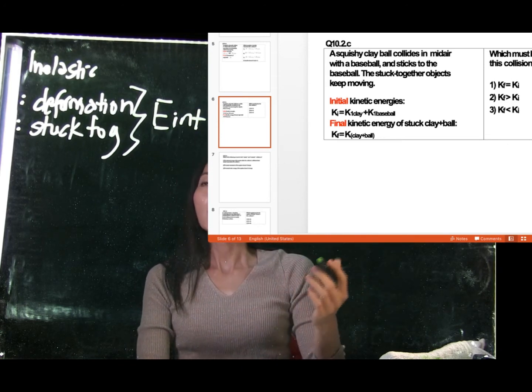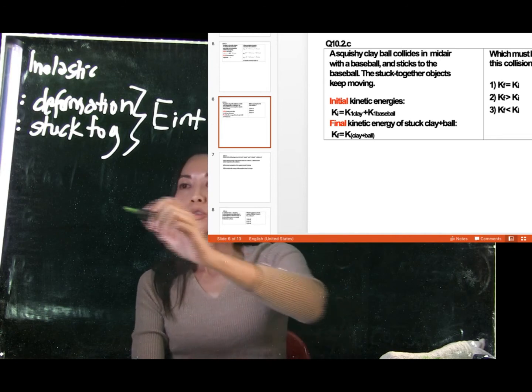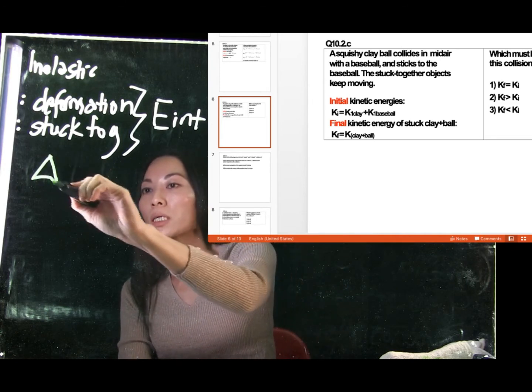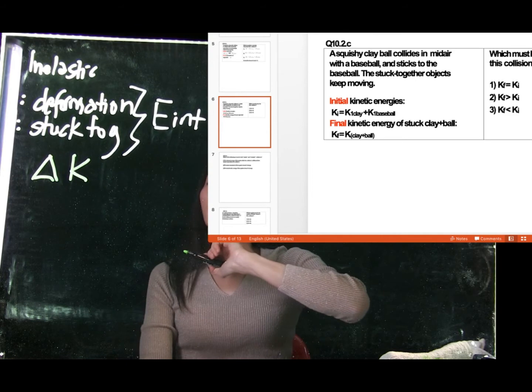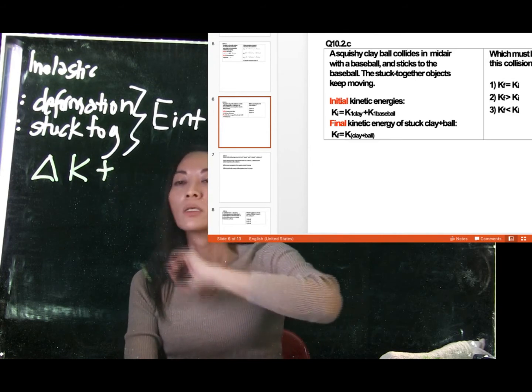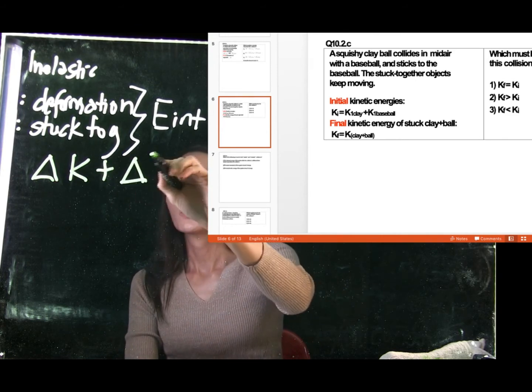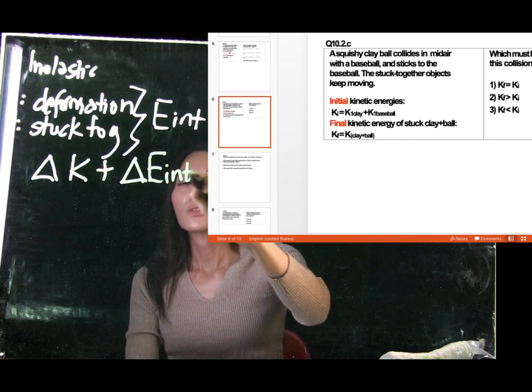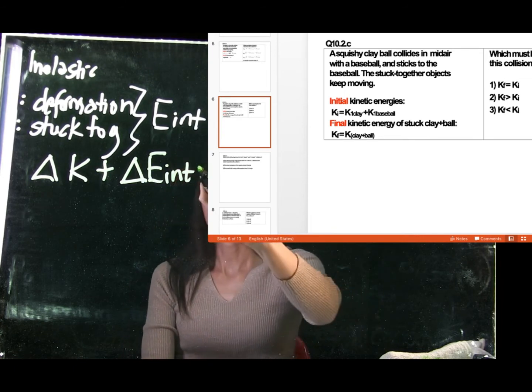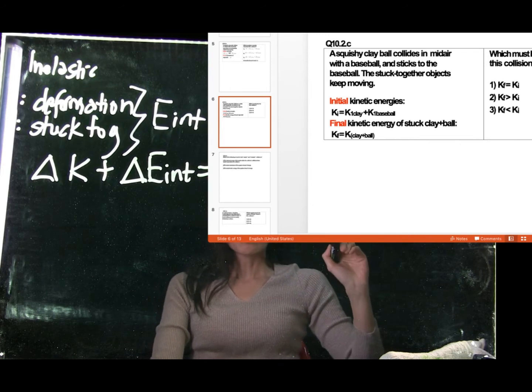So in an inelastic collision, we introduce a new term, which is that the change in kinetic energy is accompanied by the change in internal energy. And since the total energy of the system is conserved, that total change is equal to 0.